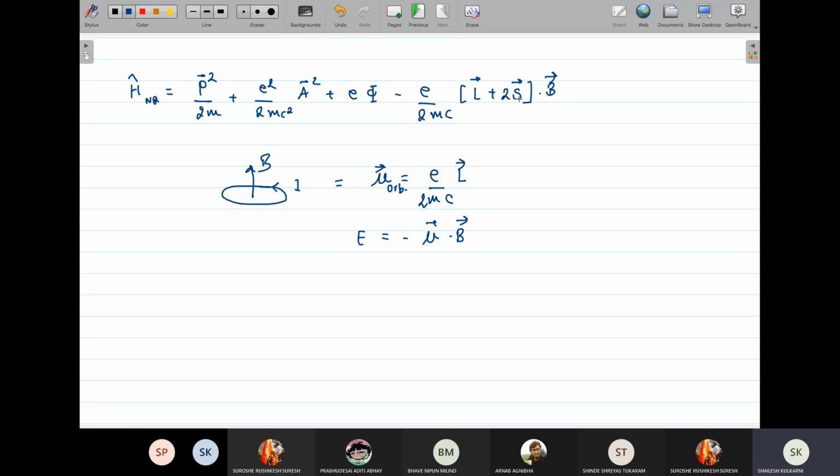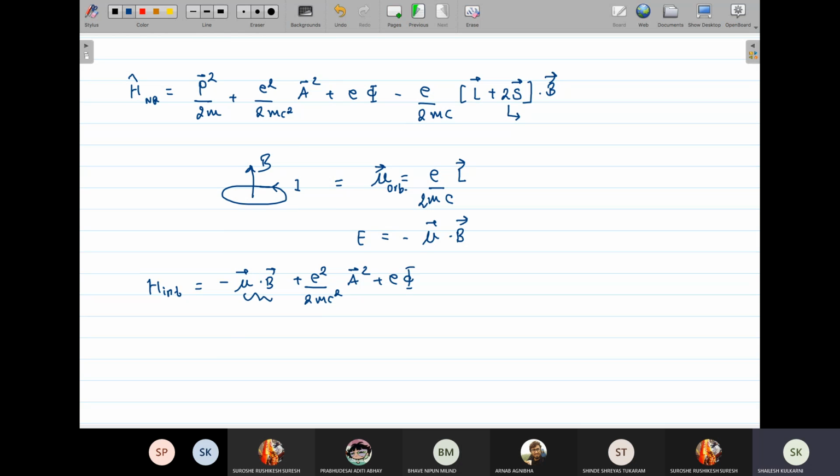Apart from that, we have this spin angular momentum, but there is this crucial factor of two. If I want to write this in the following notation, H interaction will be minus mu dot B. There are these other terms also, but these are not important right now.